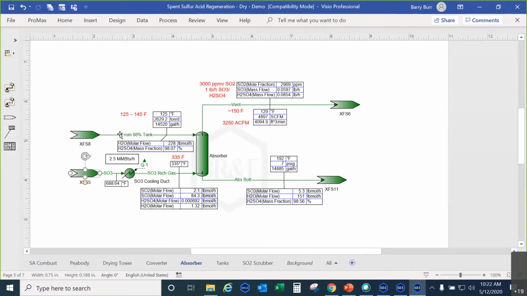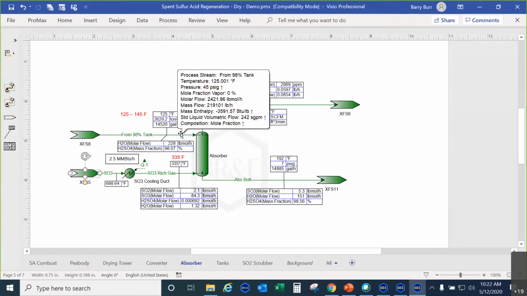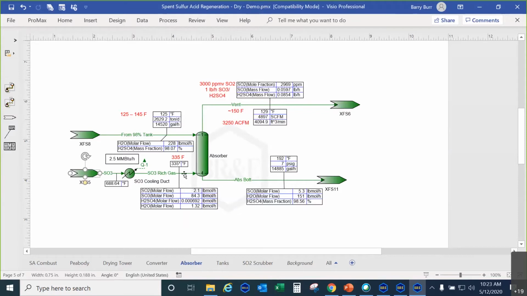So to provide a really good heat sink, we start with a rich sulfuric acid stream. So we're taking 98% sulfuric acid, and it contains the water necessary for the reaction. So the 2% water in this 98% acid stream is the reactant that reacts with the SO3 to form sulfuric acid.